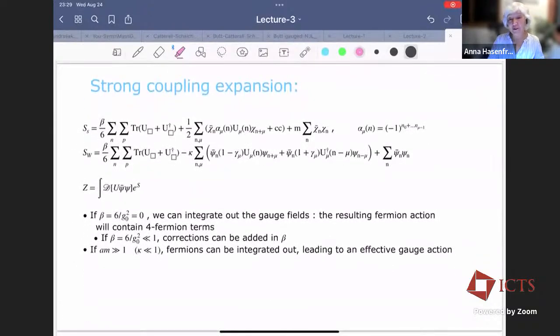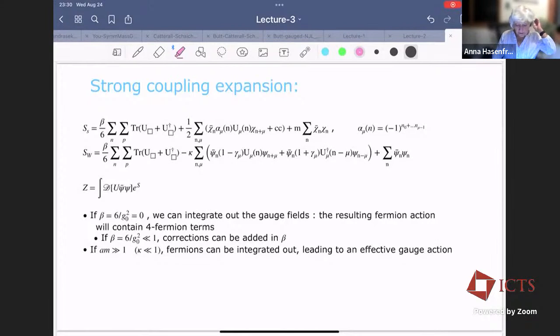Now, strong coupling expansion is something we did when we didn't have computers, back in the good old days when lattice really started. But I truly believe that strong coupling expansion can give physical insight into what we expect, and even might give suggestions of how to improve things non-perturbatively and numerically.